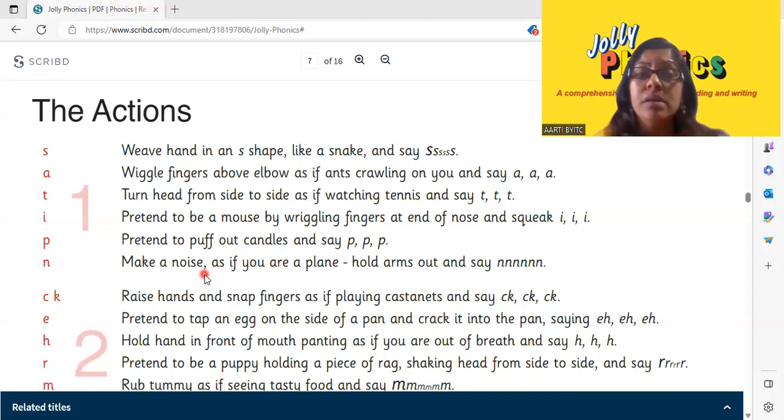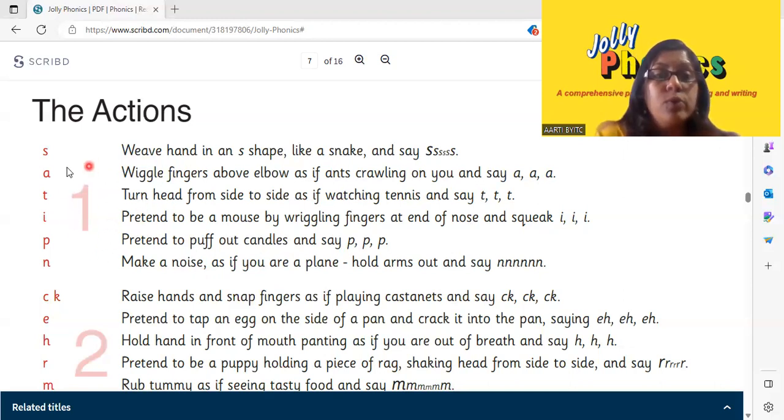It is not "no, no, no," which teachers usually say in the classroom with the children to make them understand, okay, the sound of letter N is no, no, no. When we speak, it is coming out like that, but it is not actually the sound of letter N. Look at the gesture. You have to understand the position of the tongue. You have to understand how I'm making the sound of letter N. This is the sound. So this is the sound of letter N, right?